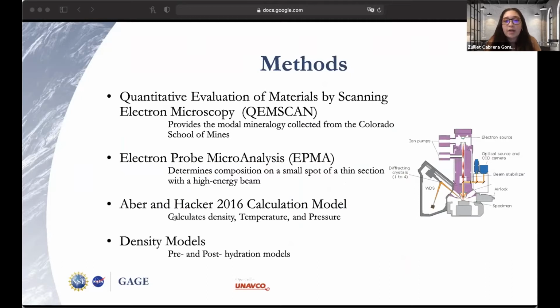And a diagram of this machine is shown to the right of this, and it determines composition on a small spot of a thin section with a high energy beam. Then the Abers and Hacker 2016 calculation model was used to generate density and temperature and pressure. And lastly, density models were then developed into pre and post hydration models.